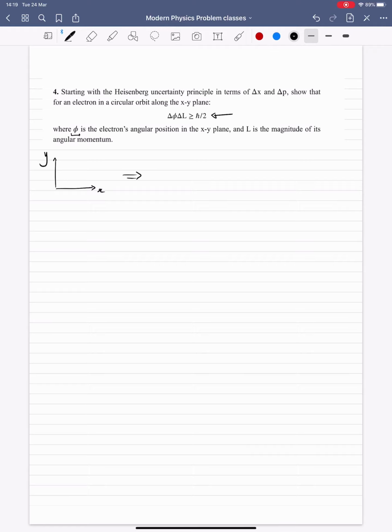Instead, let's use this new basis, r and phi, which is our polar coordinates, right? We can still specify any point in 2D space with two coordinates, r and phi here, just like how we specify x and y in a Cartesian coordinate system.